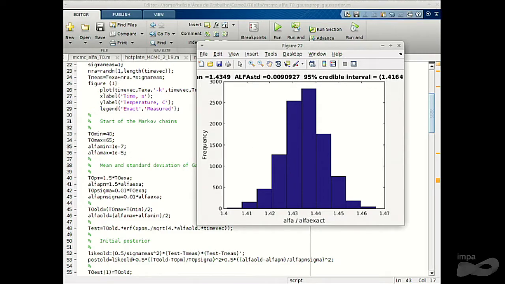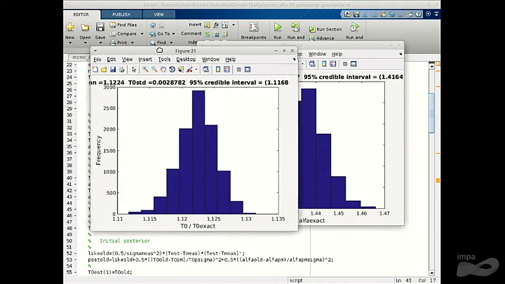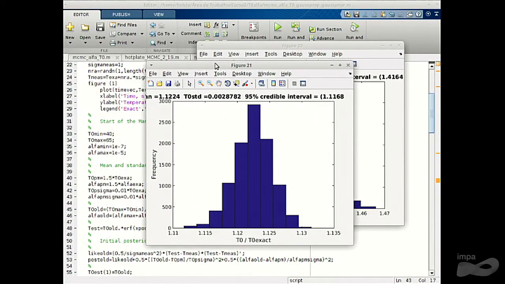Same thing for T0. It's not as bad as for alpha, but it's still very bad. And it's not as bad as for alpha because the sensitivity coefficient for T0 has a magnitude larger than the sensitivity coefficient for alpha. But this is completely wrong, right?